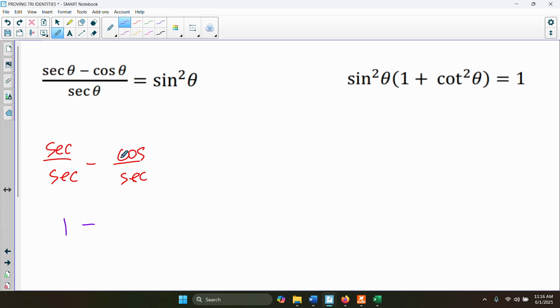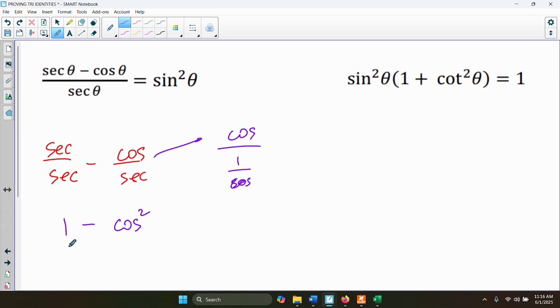Cosine divided by secant: secant is 1 divided by cosine, and when you divide by a fraction, you multiply by its reciprocal. This really becomes cosine squared, this part.